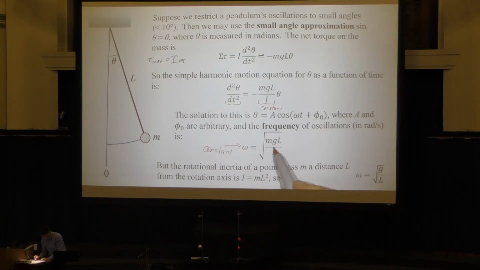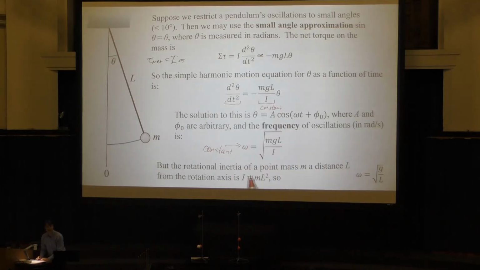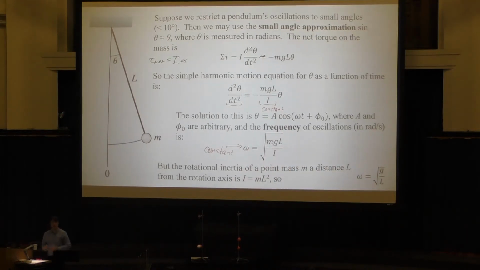And it's equal to the square root of whatever this constant was in that equation of motion, which was mgL over I. And then the other thing you can do is, since you've got a mass on a string, you can use the equation mr squared for the rotational inertia. It's just the mass times the distance from the pivot squared. And r in this case is L, so it's just mL squared.